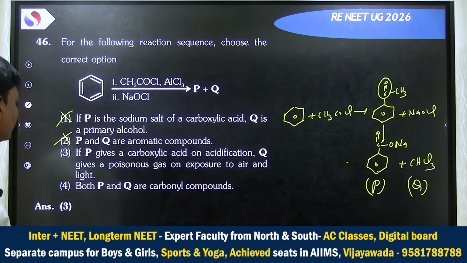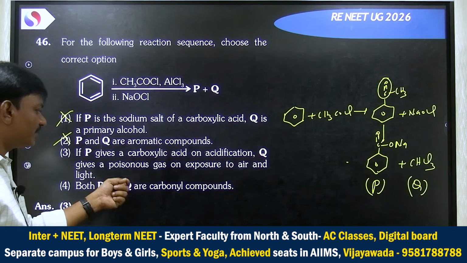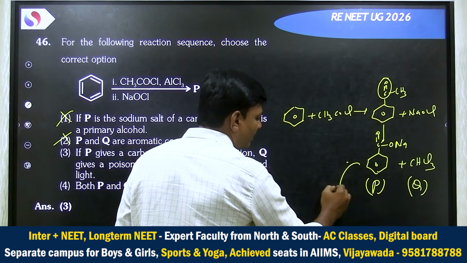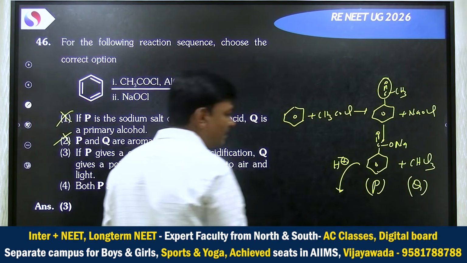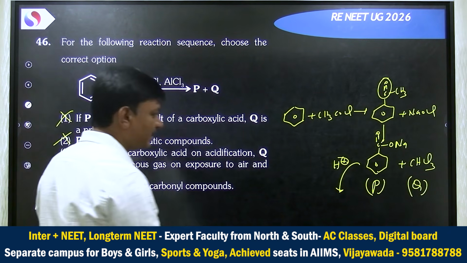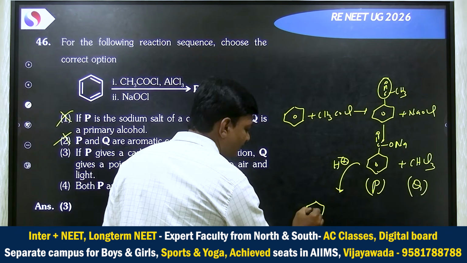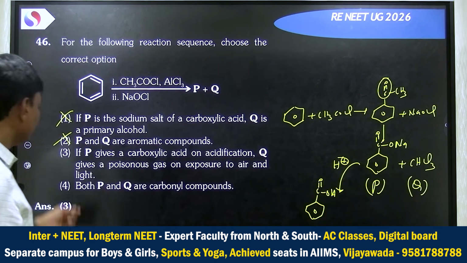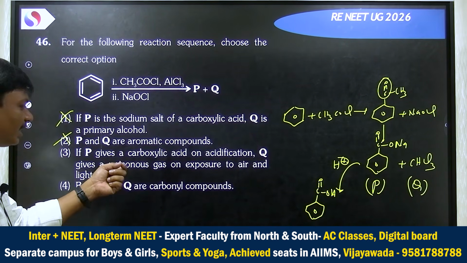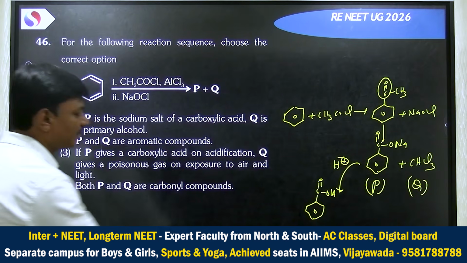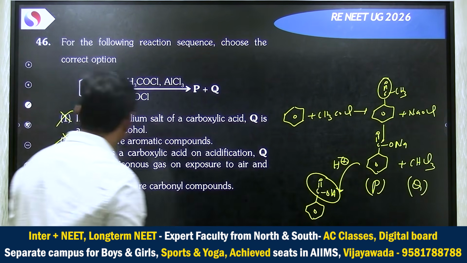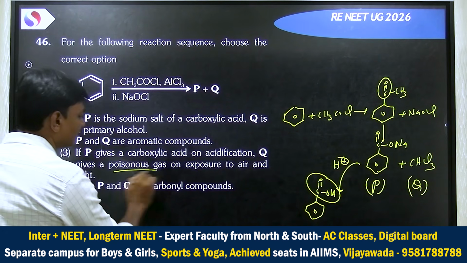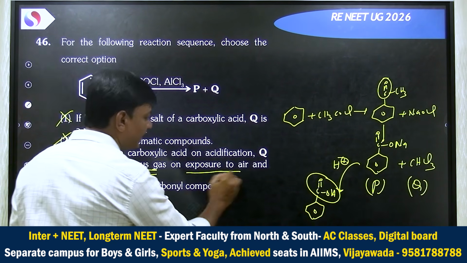Then go to the third option. P gives a carboxylic acid on acidification. When P reacts with acid, in the presence of H+, then we get benzoic acid. So P gives a carboxylic acid on acidification, it is correct. And continuation, Q gives a poisonous gas on exposure to air.